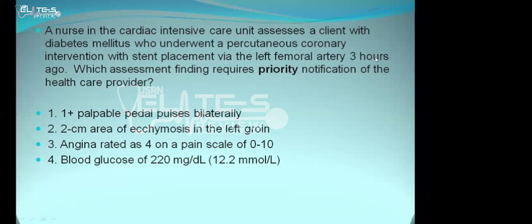Sorry, I forgot to raise my hand again. Oh, no problem. I'm also going for option 3. I might be wrong. I'm looking at the 1 plus palpable pedal pulse bilaterally.